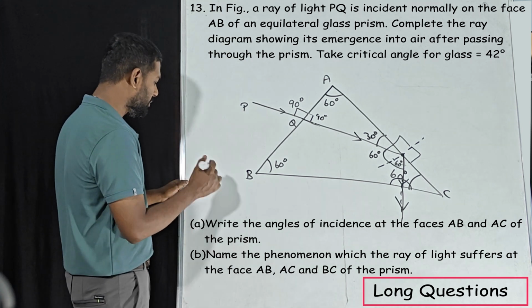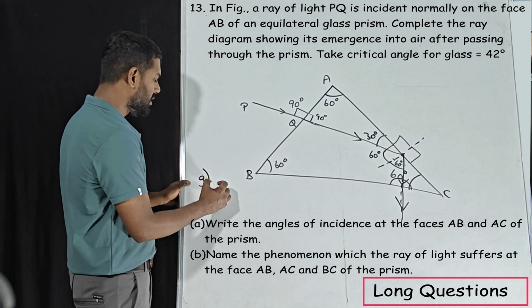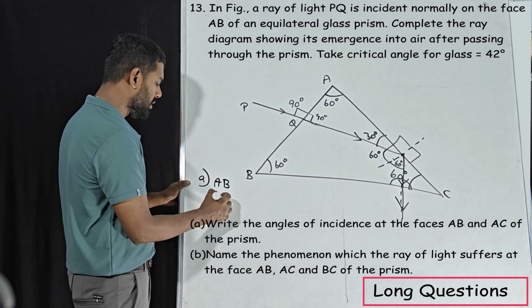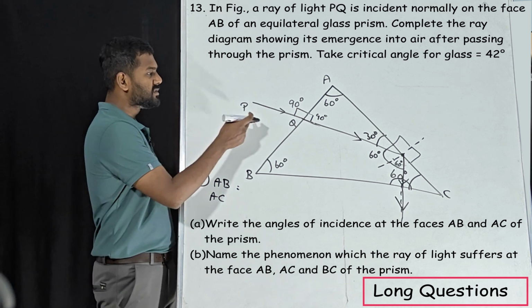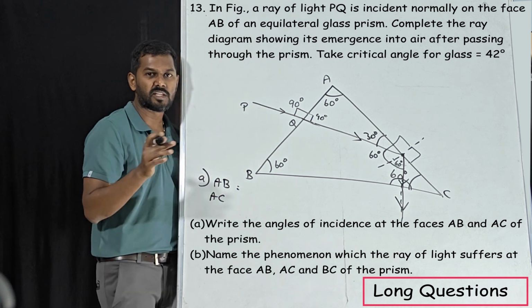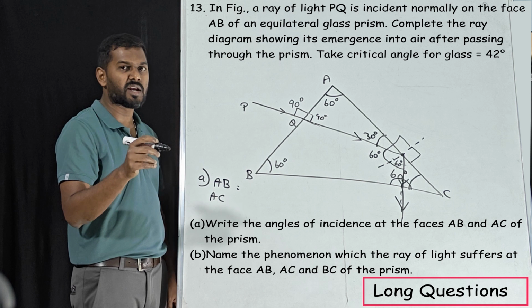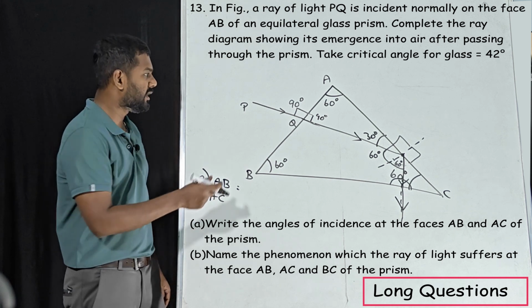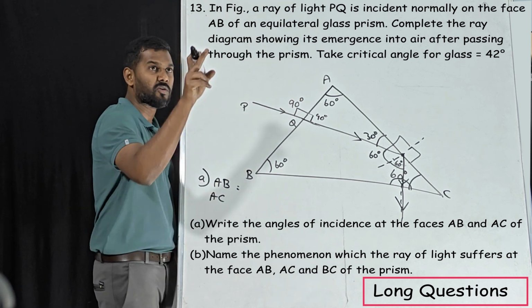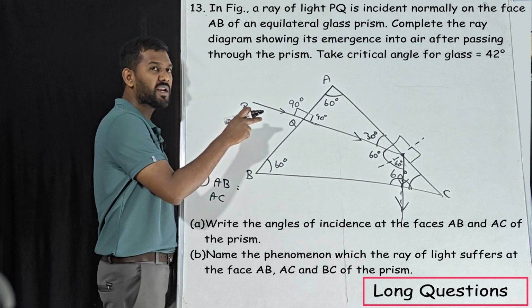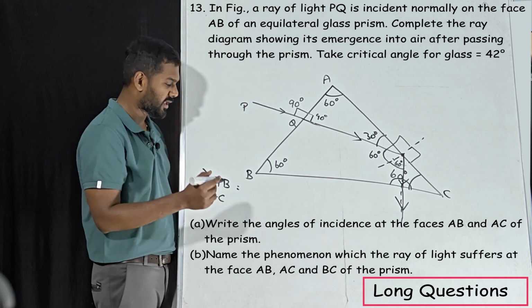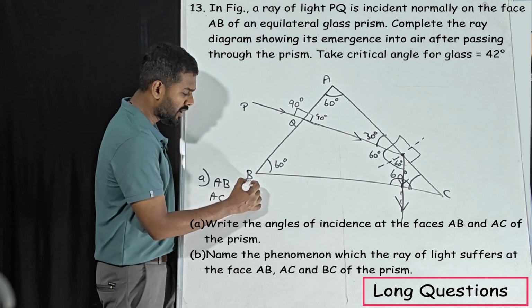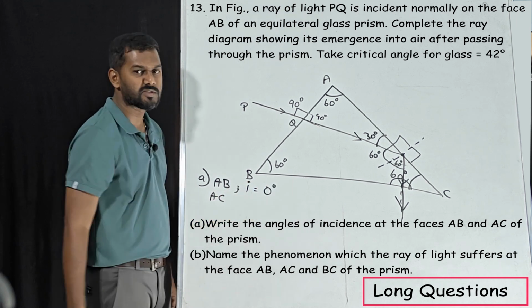Here we have to be very careful. Few students will go wrong here. They are asking for the angle of incidence at AB. We know angle of incidence is nothing but the angle between the incident ray and the normal. In AB, it is clearly mentioned in the question that it is incident normally. If the ray is incident normally at AB, the angle of incidence will be 0 degree.